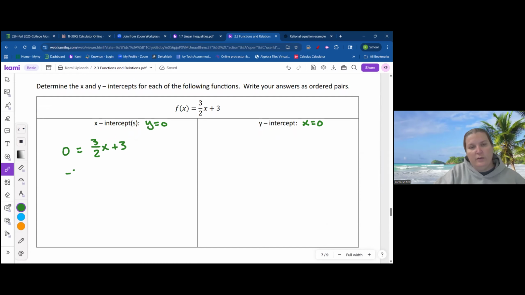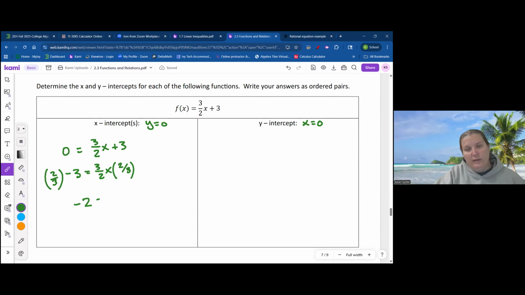Subtract 3, so negative 3 is equal to 3 over 2 x. Multiply by the reciprocal, 2/3. And the answer here is negative 2 is equal to x. Write it as an ordered pair. Y is 0, so my x-intercept is negative 2, 0.